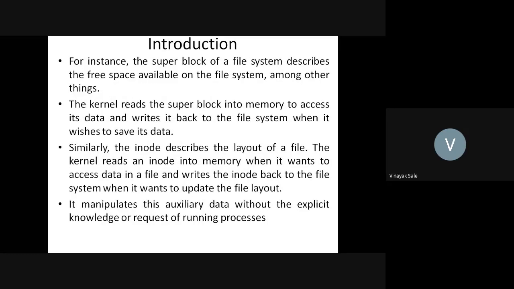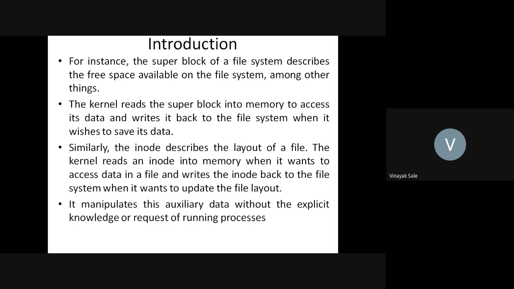For example, the super block of a file system describes the free space available in the file system. Among other things, the kernel reads the super block into memory to access its data and writes it back to the file system when it wants to save its data. Similarly, the inode, that is the index node, describes the general layout of the file.